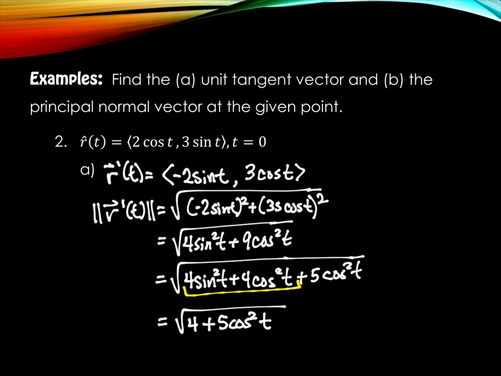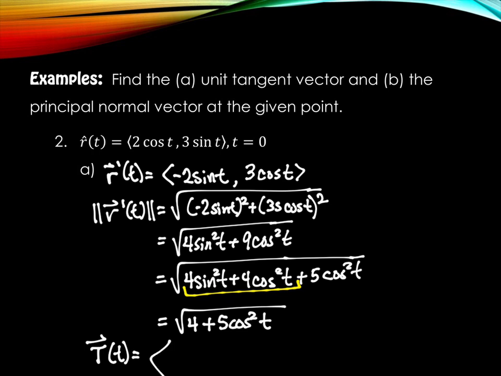This is it. So when I'm finding my unit tangent vector, I'm finding this t value where it takes the r prime of t that I started with, right? My first thing I found, negative 2 sine t, 3 cosine t, and divides it by this quantity in radical form. I don't have to simplify the radical, though, in the denominator, right? I don't need to do that, but that's what I would have.